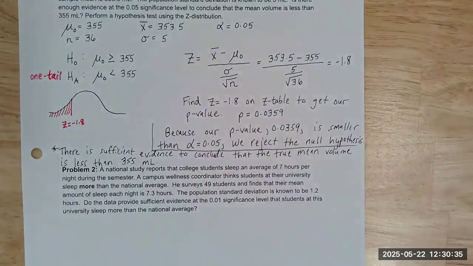That is what our alternative hypothesis said. The alternative hypothesis said that the true mean volume is less than 355. So because I got to reject the null hypothesis, that means there's sufficient evidence to conclude that this is the case. There's sufficient evidence to conclude that the true mean volume is less than 355 milliliters.